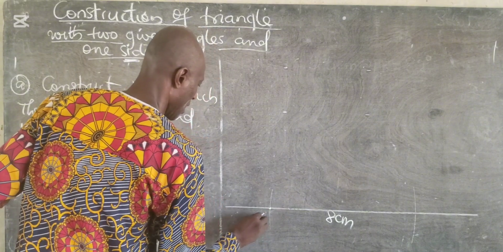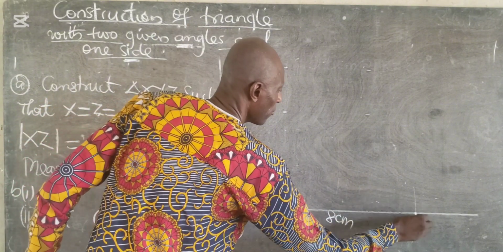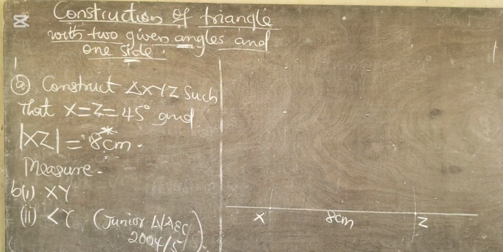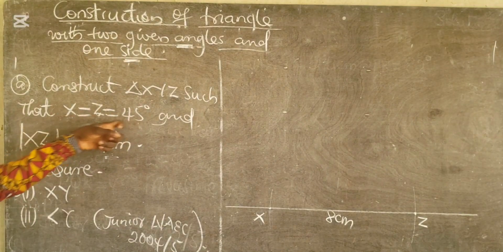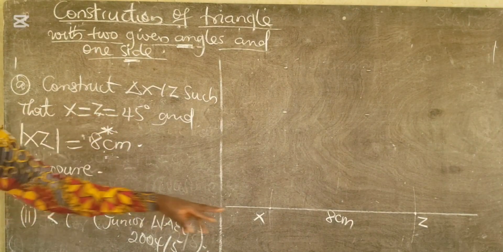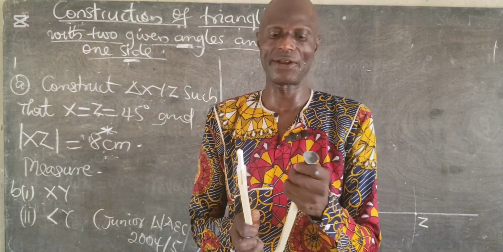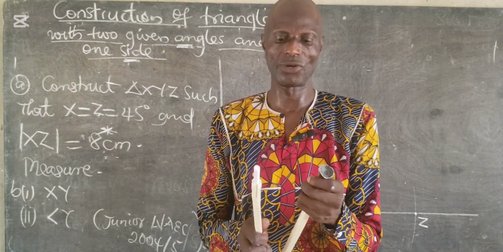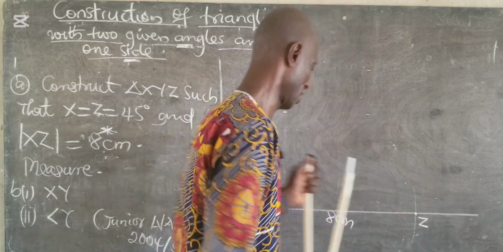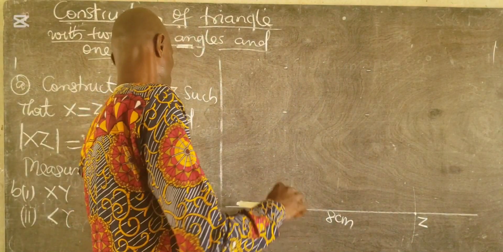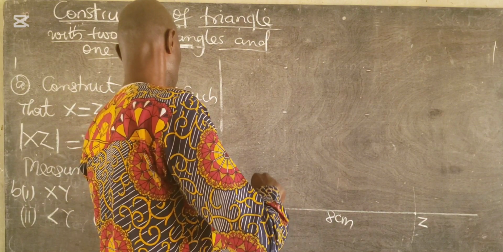So this point is X. This point is Z, because we are saying XZ. Now I will construct 45 degrees at X and Z, which is here and here. For you to construct an angle, you take a smaller radius, like what I teach my children. You can measure 2 centimeters. So I will put it on X and draw a semicircle.